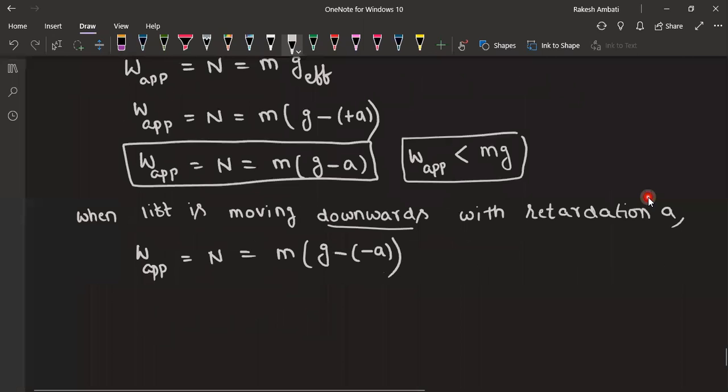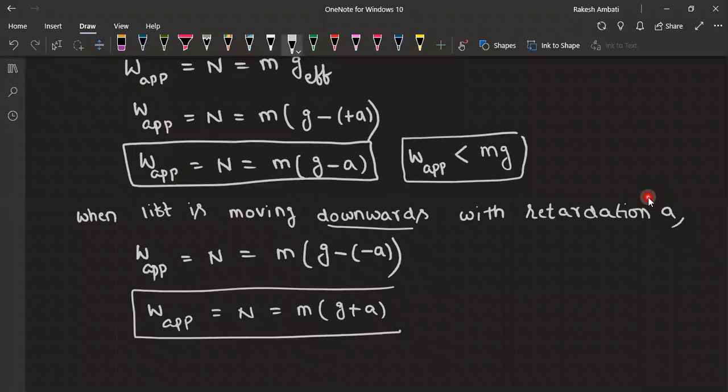Therefore apparent weight equal to normal force equal to m into g plus a. And from this equation, the apparent weight of the body is greater than the true weight of the body.